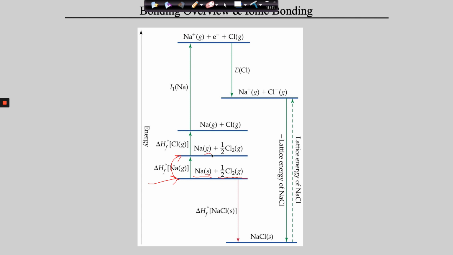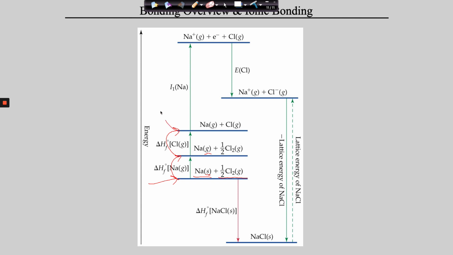This is the entire energy picture of the video that you saw. So the first thing we've got to do is break the sodium lattice apart and turn the sodium into gas atoms. Now, guys, what happens in step number 2? The chlorine is breaking apart. The Cl2 is breaking into individual chlorines.